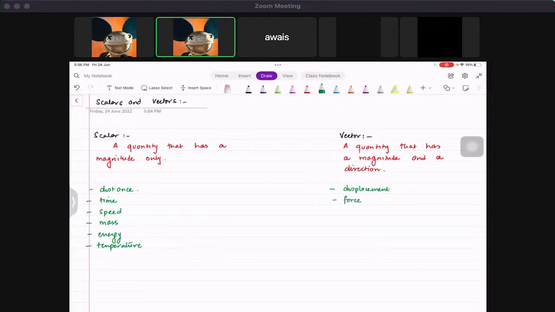Force could be anything like weight, etc. Then you got velocity, acceleration, momentum is also a vector, electric field strength is also a vector, even gravitational field strength is a vector.